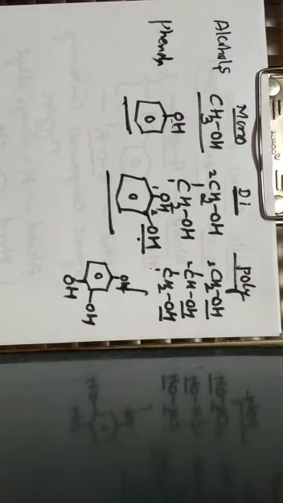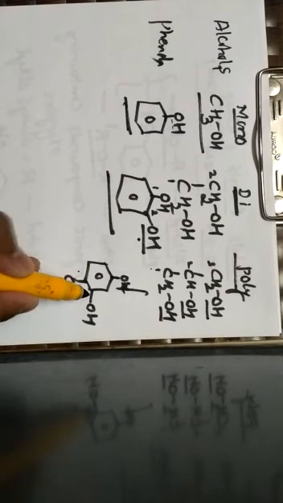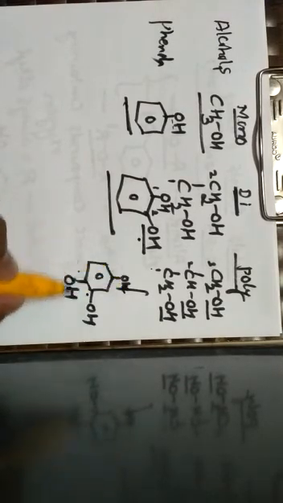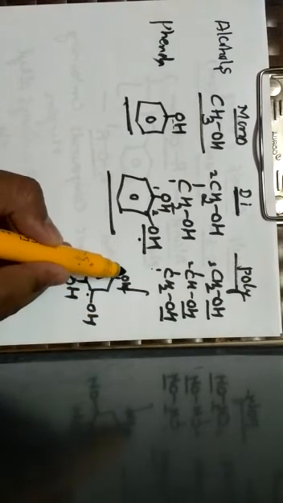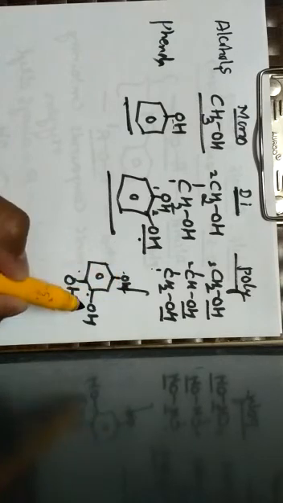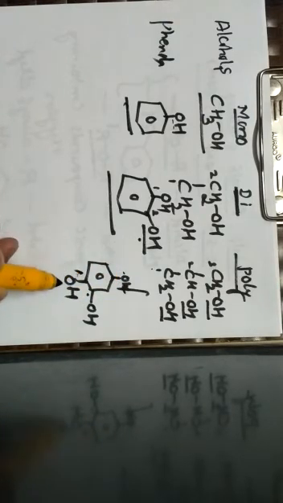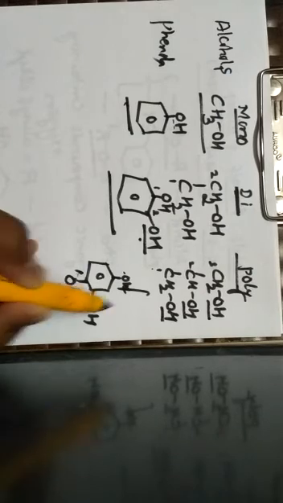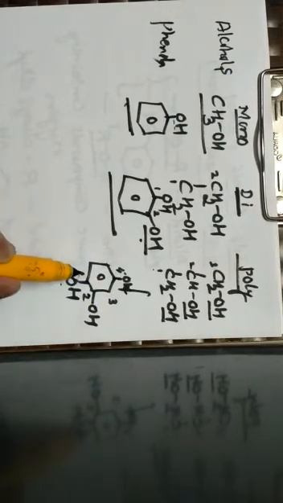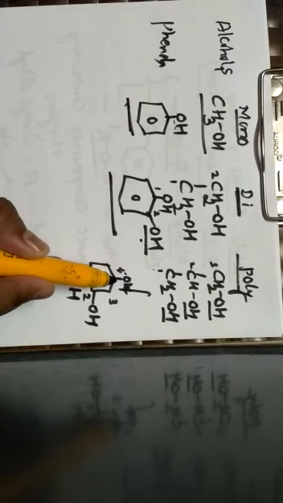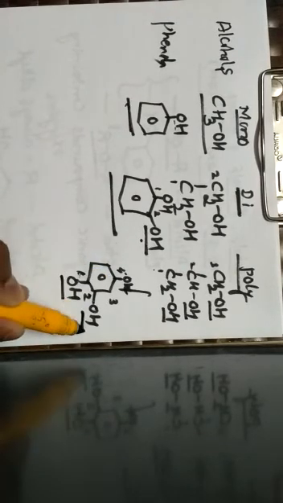The functional groups should get the lowest possible locants. If I start numbering from here, this will be para, this will be ortho, this will be meta, again para. I can write it as 1, 2, 4: first, second, third, and fourth positions.